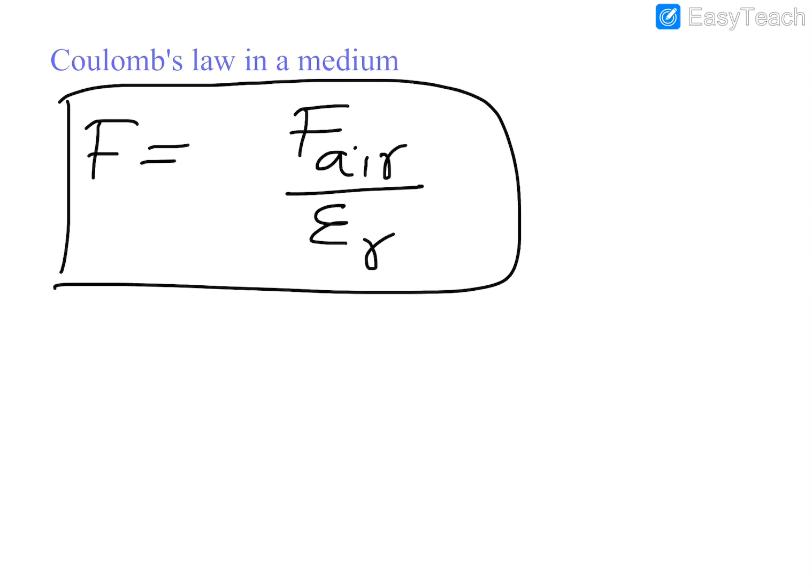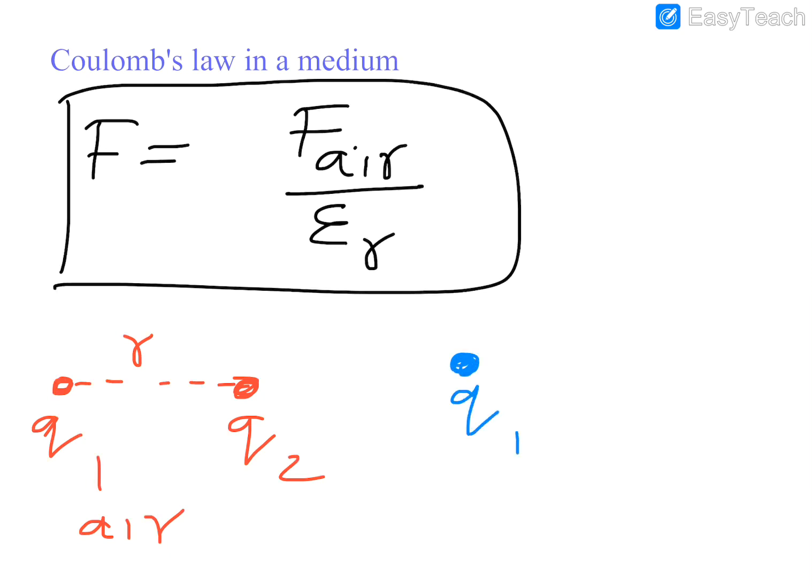So let us consider an example. You have two charges, q1 and q2, separated by a distance of r in air, and at the same time you have the same two charges separated by the same distance, but now you are placing them in water.